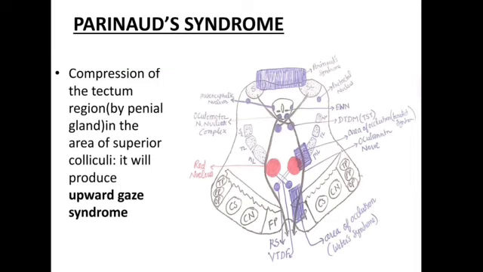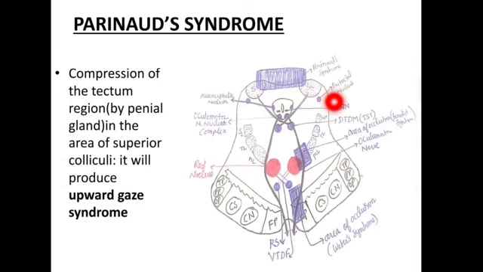Next is Parinaud syndrome. In Parinaud syndrome, this blue area showing involvement of Parinaud syndrome. Compression of tectum region by pineal gland in the area of superior colliculi.